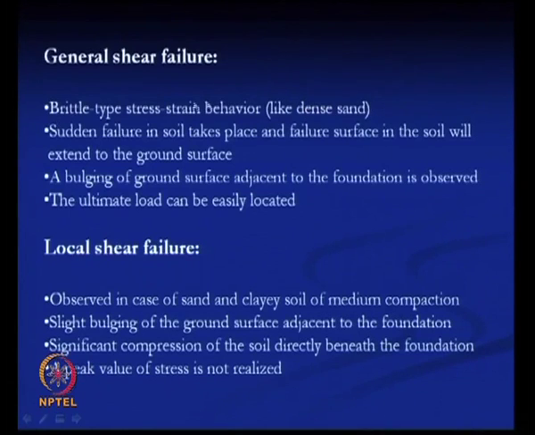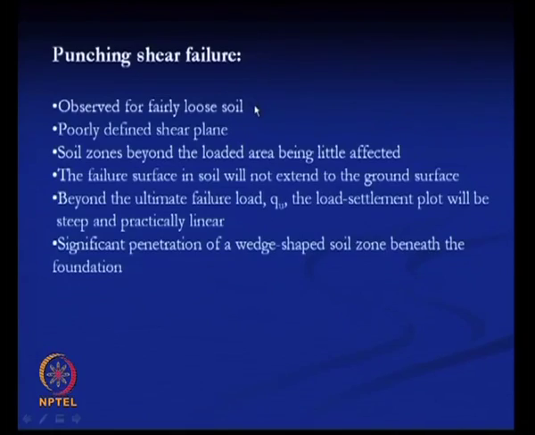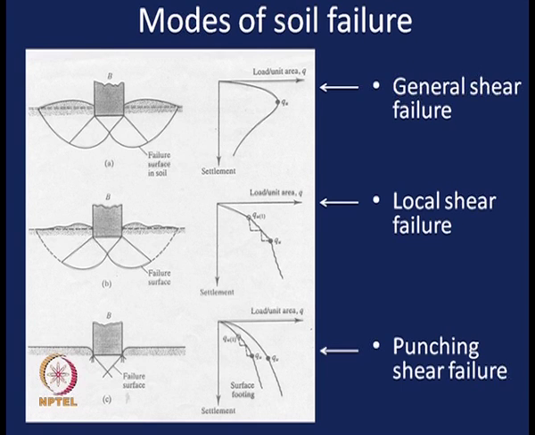If we go for the characteristics of general shear failure, this is basically observed in dense soil. If the soil is very dense or very stiff, then this type of failure is observed. For dense sand, this is brittle stress-strain behavior, where we get a distinct peak.